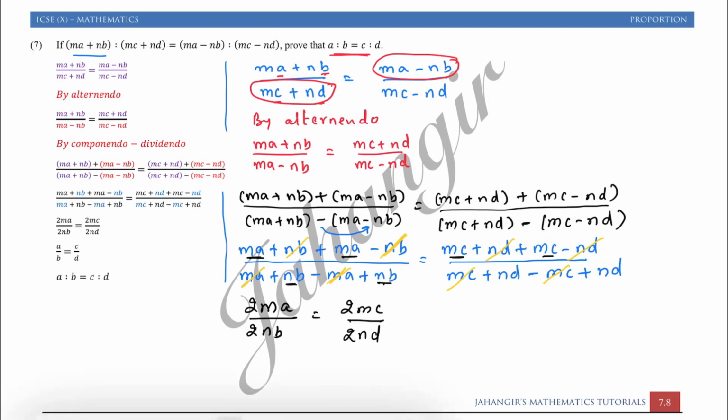So you can cancel MA and MA on both sides, ND and 2N and 2N, both sides 2M and 2M. Whatever is left, let's write. So therefore we will get A by B is equal to C by D. So therefore I can write the final statement as A is to B is equal to C is to D.